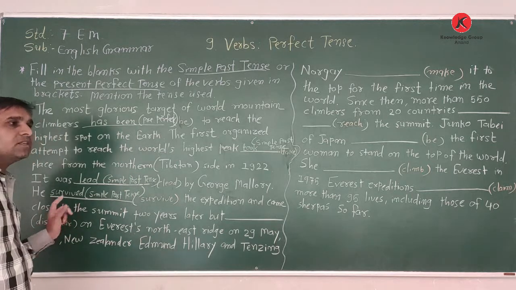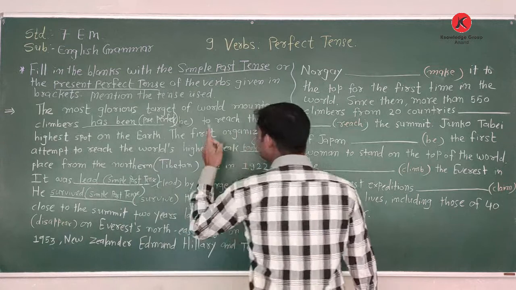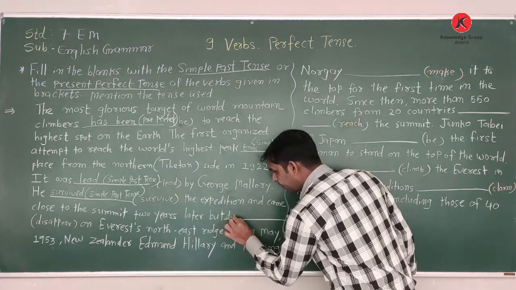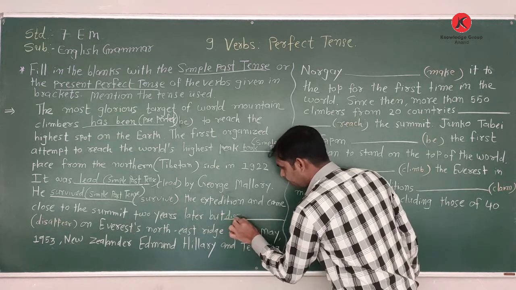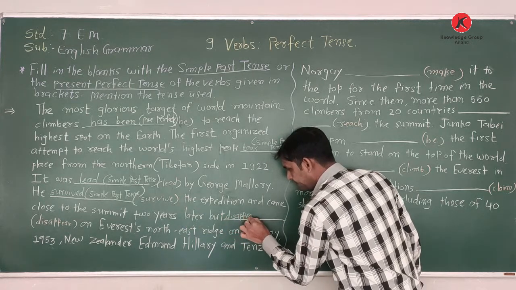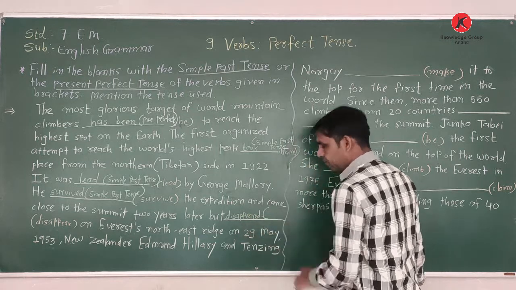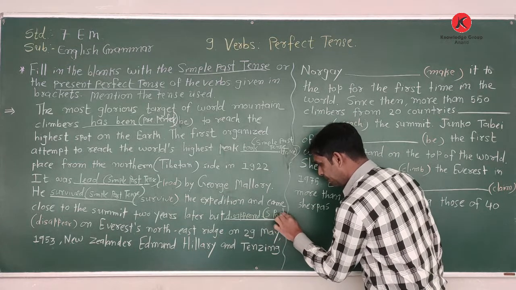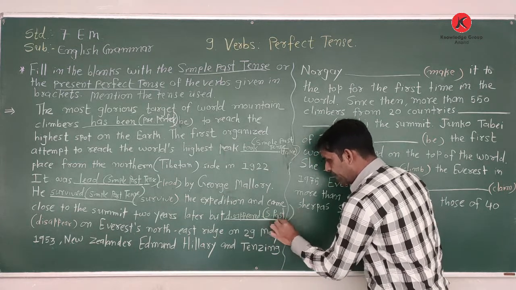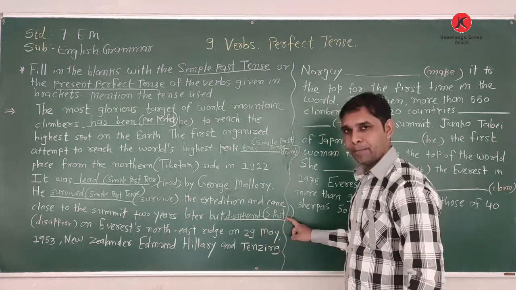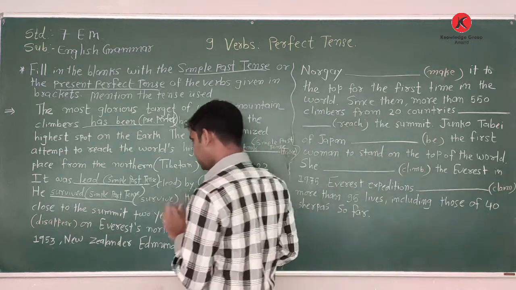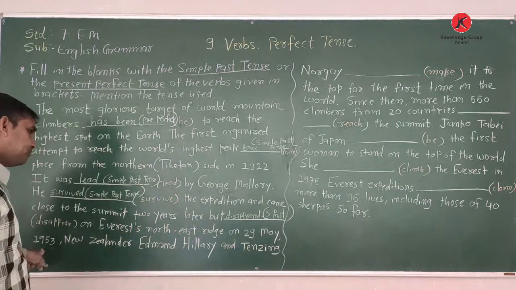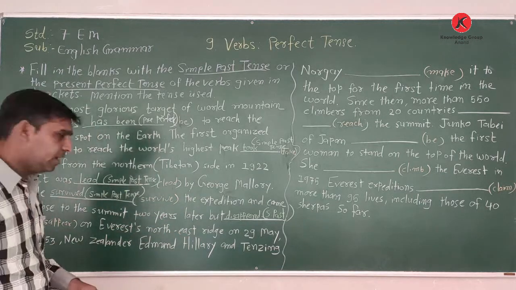The verb given is disappear, so we write the simple past tense form of the verb. Which tense? Simple past. I mention only the short form, simple and past, then write tense.